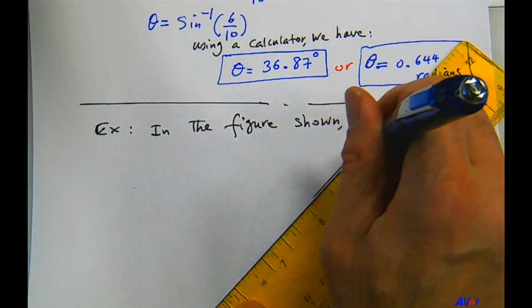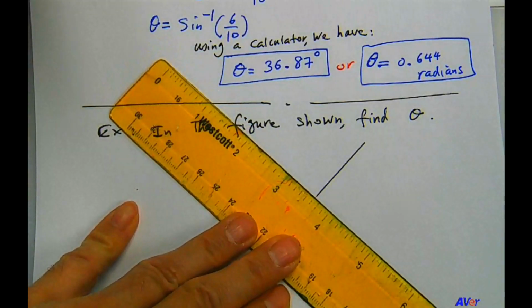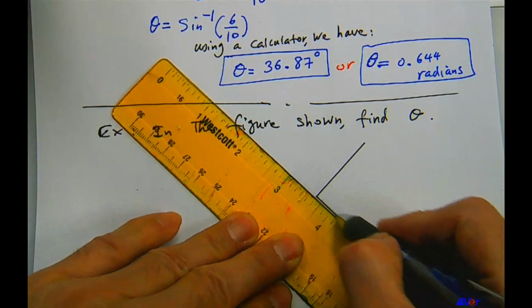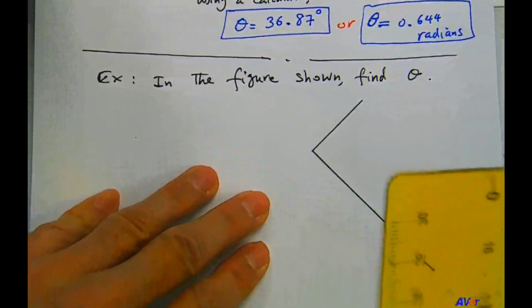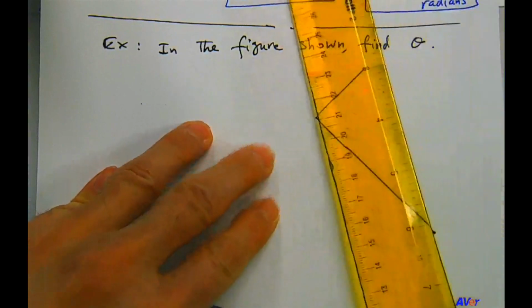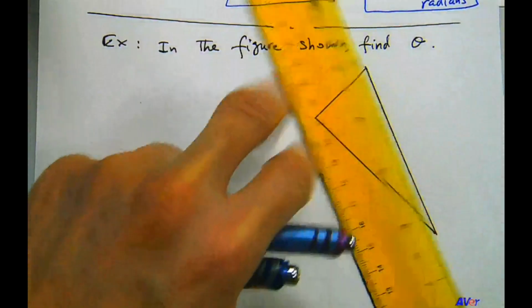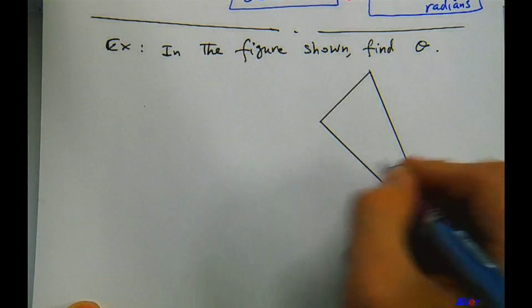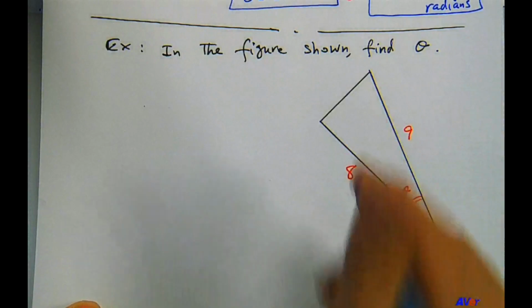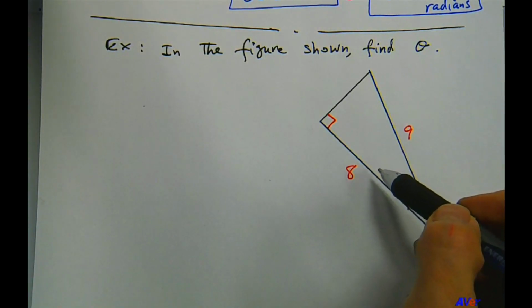And then there's the base that is perpendicular to this side, like that. And then let's connect those two points, like this. So this would be theta, 8, 9, and then a 90-degree angle.